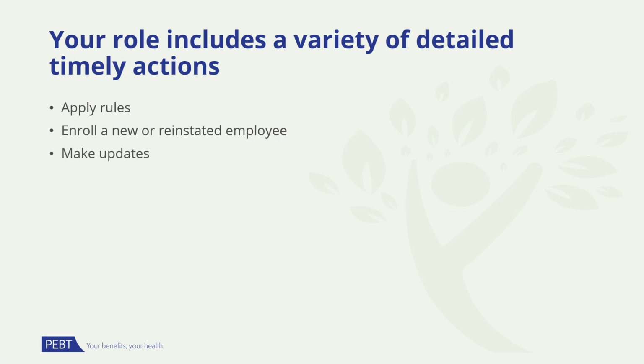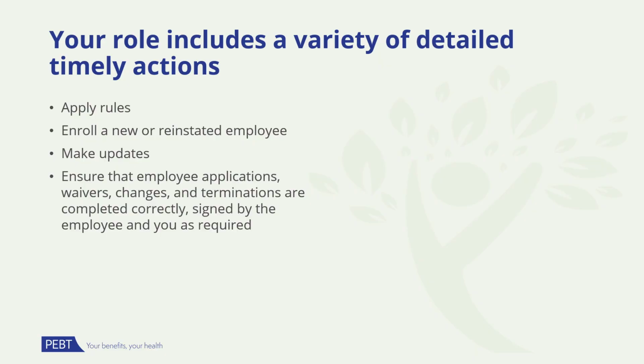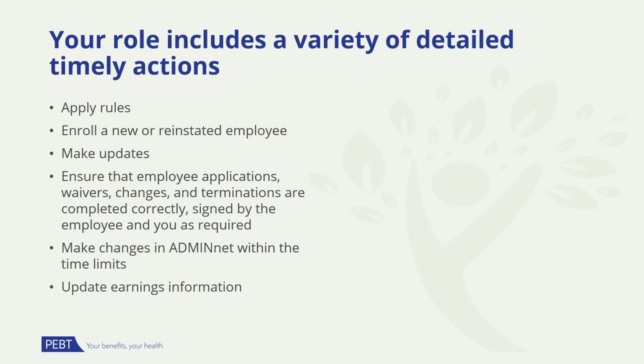Your responsibilities include ensuring all employee applications, waivers, changes, and terminations are completed correctly, signed by the employee and you as required, and changes are made in AdminNet within the time limits. Updating earnings information periodically through AdminNet for individuals or through a mass salary upload using the template available from PBC or the PEBT SharePoint site.